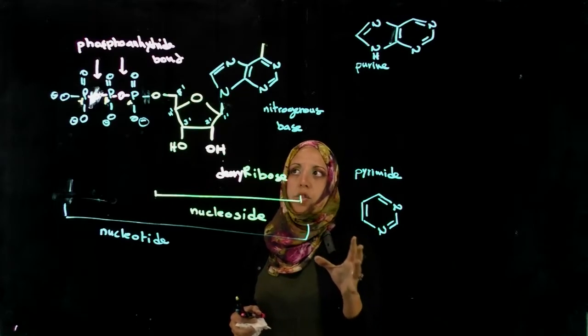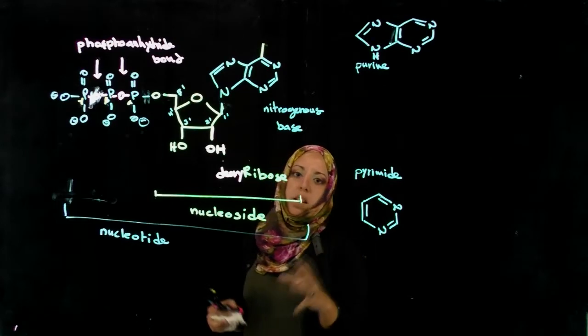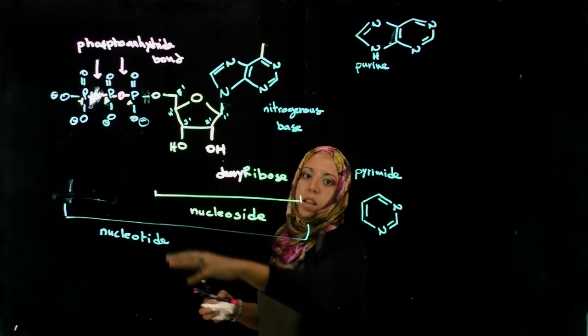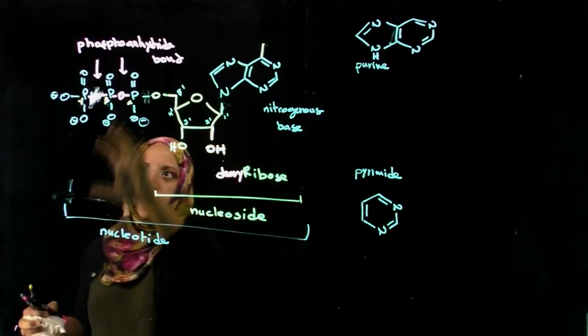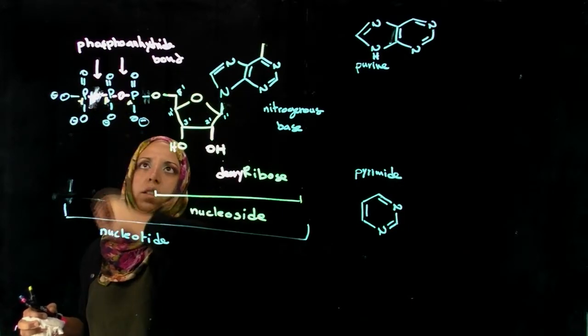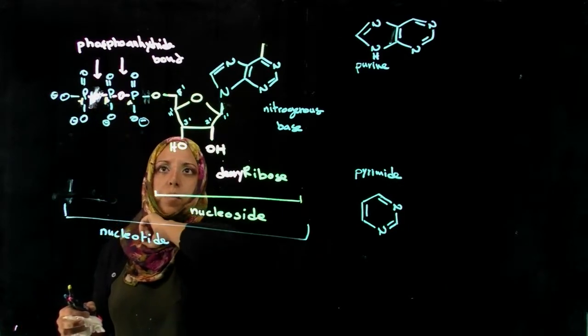Those are the high energy bonds. The hydrolysis of an ATP molecule generates energy for coupling endergonic reactions through the hydrolysis of those phosphoanhydride bonds.